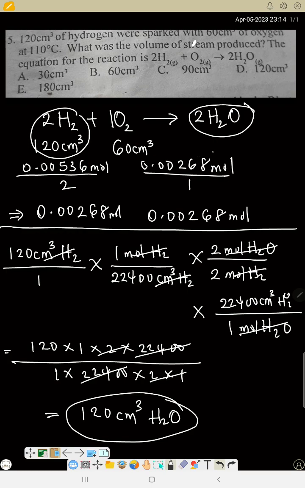So if it is oxygen you use, since the two will finish at the same time, anyone you use should give you 120.